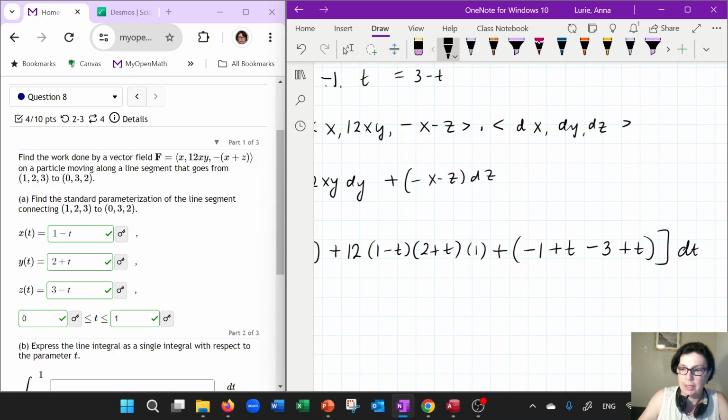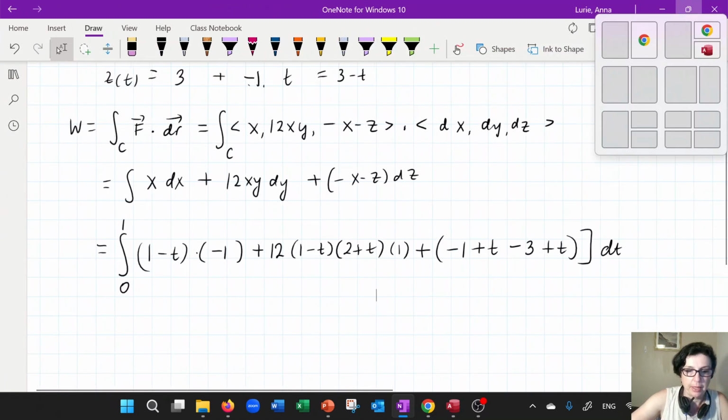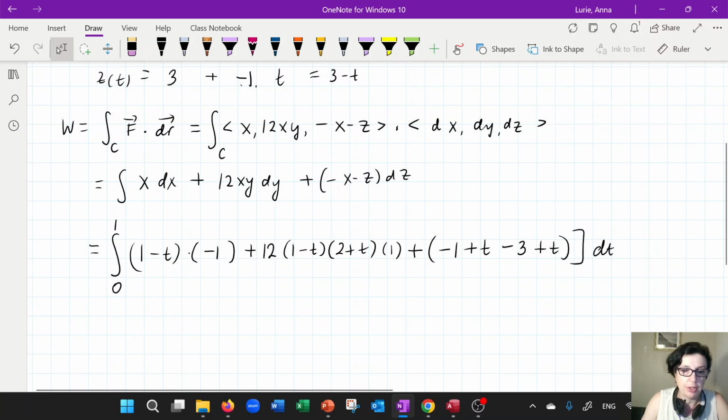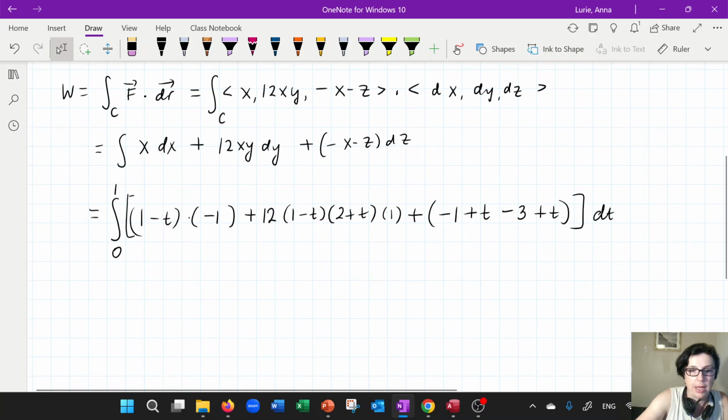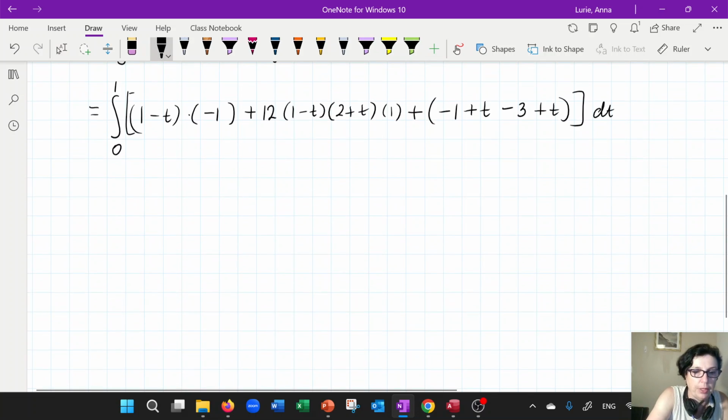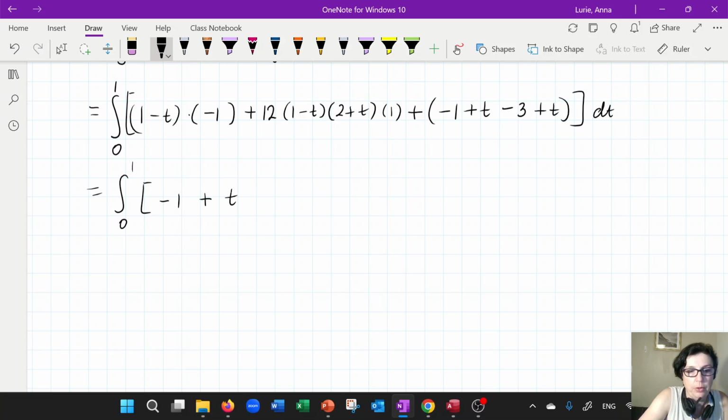So we have a lot of terms here that we are going to simplify. So we can't leave it like that. Never try to start integration until you have completely simplified and combined like terms and all that fun stuff, okay? Can't say that that's the fun stuff for me, but you gotta do what you gotta do. So this is negative 1 plus t.